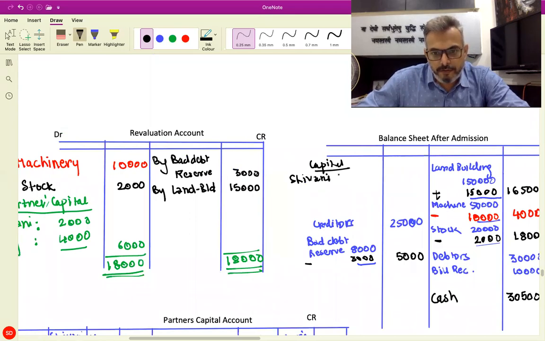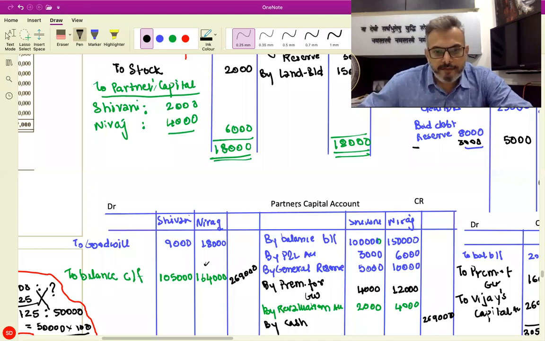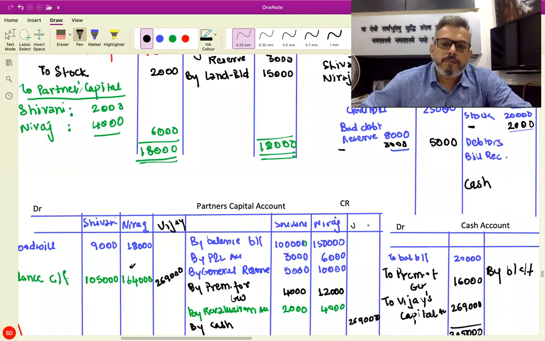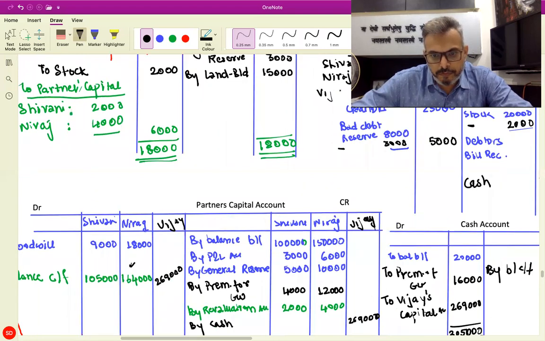Shivani 1,05,000, Neeraj 1,64,000 and Vijay 2,69,000.